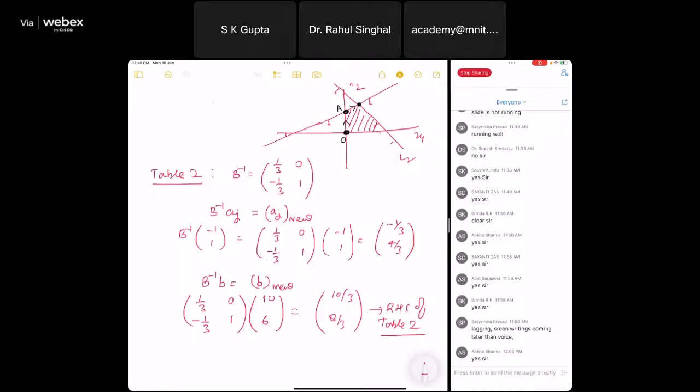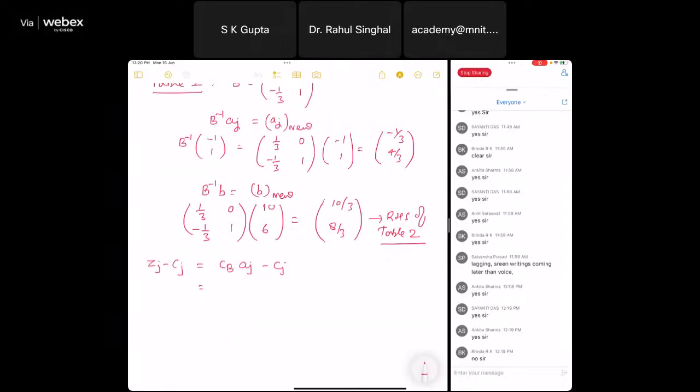Now, how will we compute Zj minus Cj using B inverse? Suppose I want to compute Zj minus Cj for any Aj. This is simply Cb Aj minus Cj, where Aj of that table is B inverse Aj, which you can sometimes call Aj dash. So this is B inverse Aj minus Cj. We put CB transpose because we take all as column vectors, and to multiply, we need one as a row vector and another as a column vector.